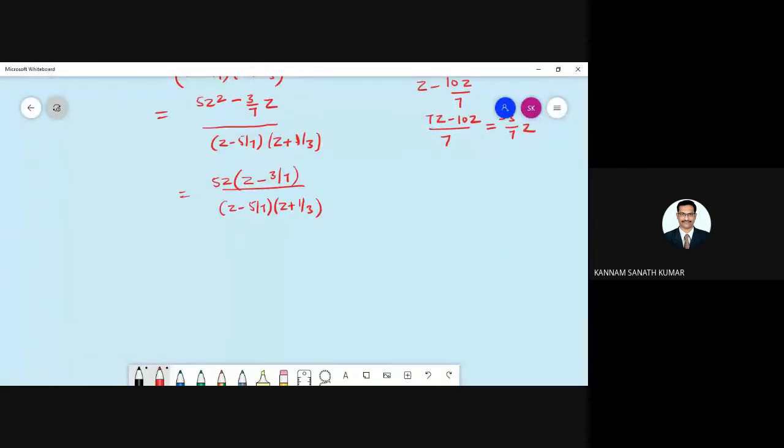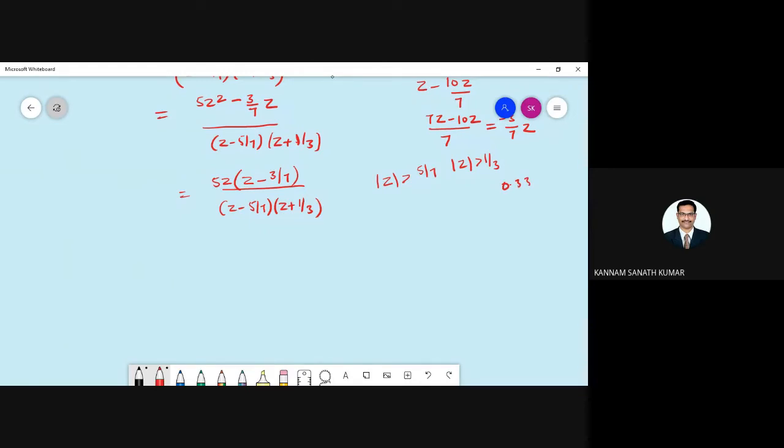So if you see the ROC, how much did you get? Mod z is greater than 5 by 7. Mod z is greater than 1 by 3. Okay, so 1 by 3 is how much? 0.33.